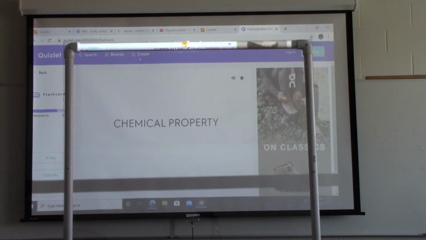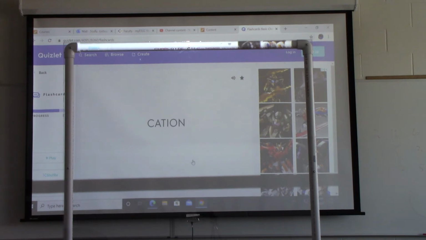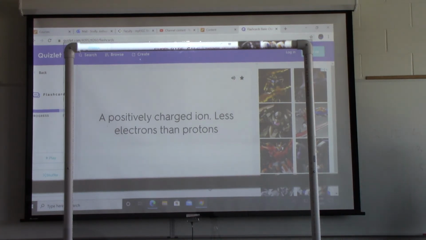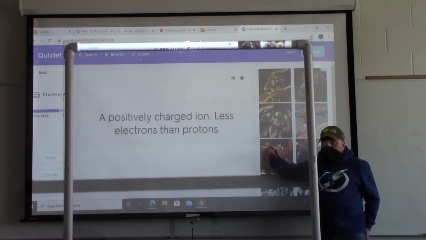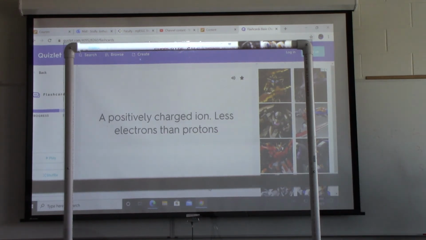Okay, chemical property, cation. We'll get into this, but I want you to know it even though we're not covering it right now. It's a positively charged ion. An ion is an atom or a molecule with an electrical charge.